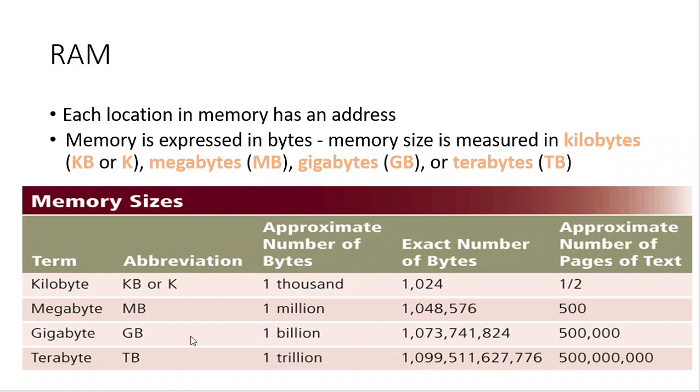Okay, 10 kuasa 9. Giga tu 10 kuasa 9. Kalau tera 10 kuasa 12. Okay, untuk giga 2 kuasa 30, tera 2 kuasa 40. So you can see here approximate number of bytes: 1000, 1 million, 1 billion, 1 trillion. Okay, yang ni macam mana dapat ni? 2 kuasa 10, 2 kuasa 20, 2 kuasa 30, 2 kuasa 40. Okay, approximate number of pages of text.